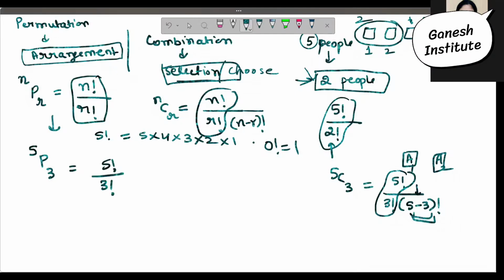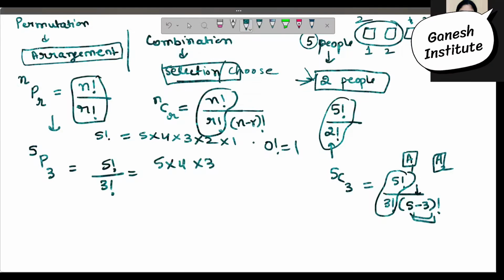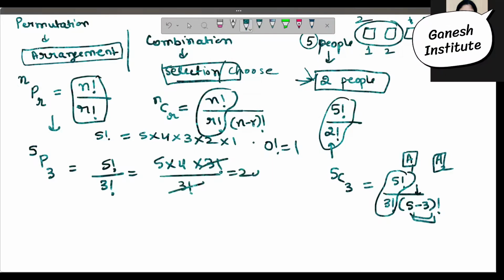So that means, just bear with me, 5 into 4 into 3 into 2 into 1, I'm not writing, I'm just simply giving it a full stop with 3 factorial, because it will cancel out.